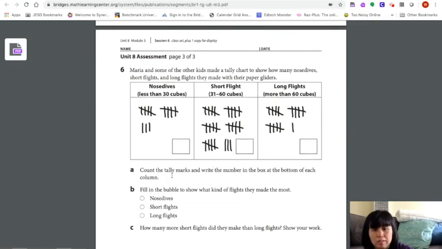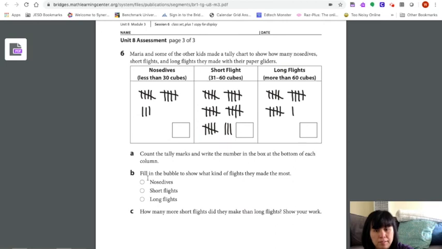So A says, count the tally marks and write the number in the box at the bottom of each column. So what you're going to do for A is you're going to count how many tally marks you see, write that number here, and you're going to do the same thing for this one and this one. So one more time. What you're going to do is you're going to count how many tally marks you see here, write that number here, okay?